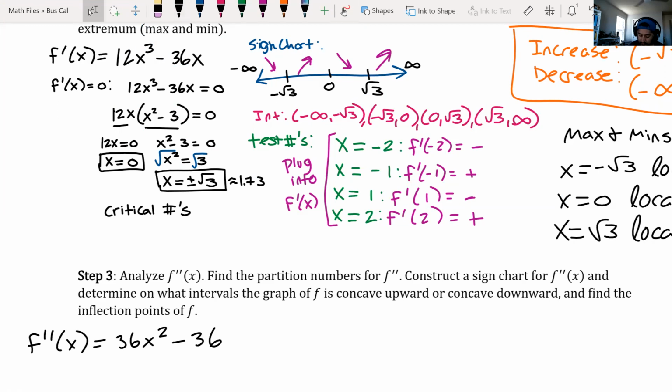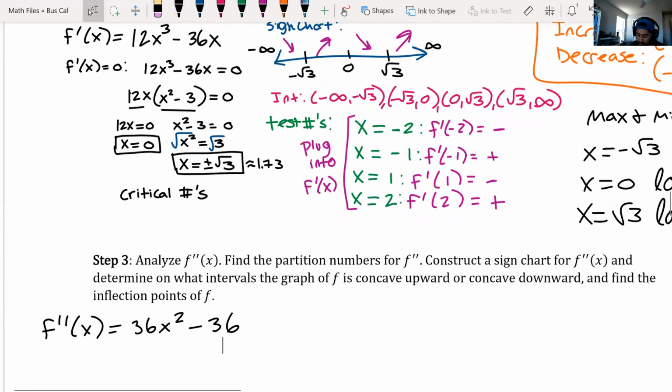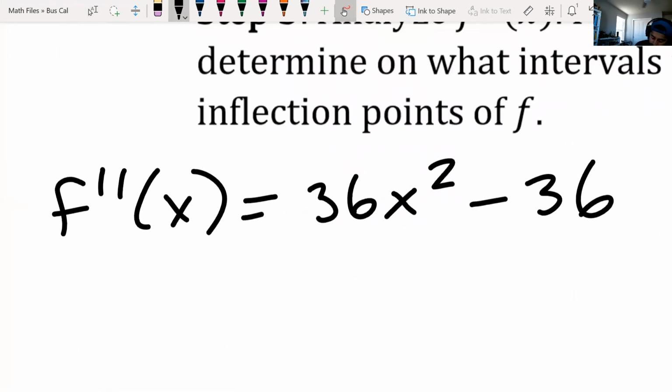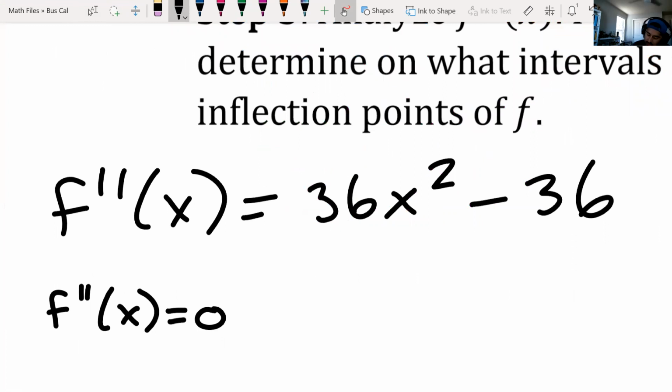Set it equal to 0. f double prime of x equals 0, so 36x squared minus 36 equals 0.